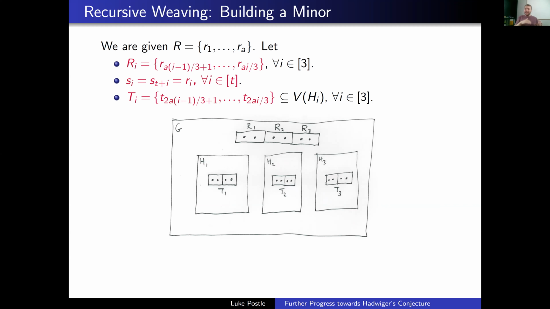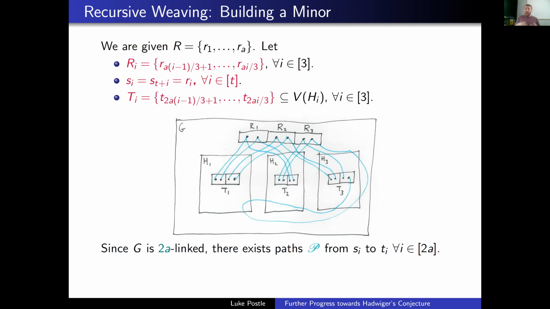And then inside H1, H2, and H3, you take sets of vertices called T. So T1, T2, T3, and then since you're highly connected, you could assume you're 2A-linked by Thomason, and you'll find lots of paths. So you have R1 and R2 go to T1, R1 and R3 go to T2, and R2 and R3 go to T3, in exactly the manner I described here.